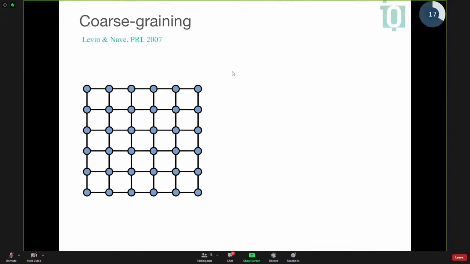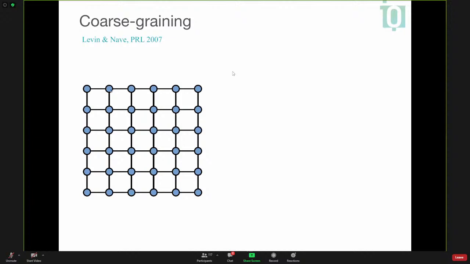Now, I wanted to tell you one thing about where tensor networks come from. They come from condensed matter physics. In particular, one of the papers that introduced many of the ideas that we use today is this paper from 2007, where people introduced tensor network renormalization, as it was called. In physics, we are typically interested in systems that sit on a lattice, like spins.